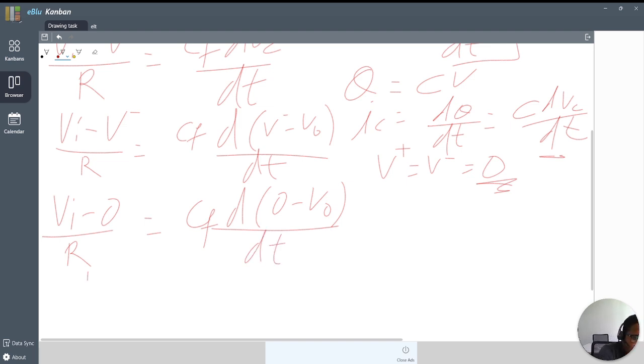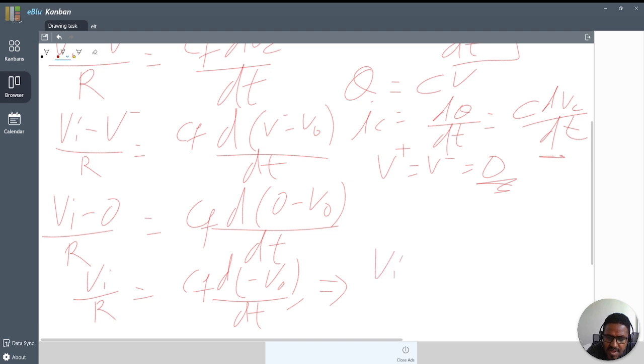This means V in over R equals C F times d of minus V out over d of t. Rearranged, V in over R equals minus C F dV out over dt.